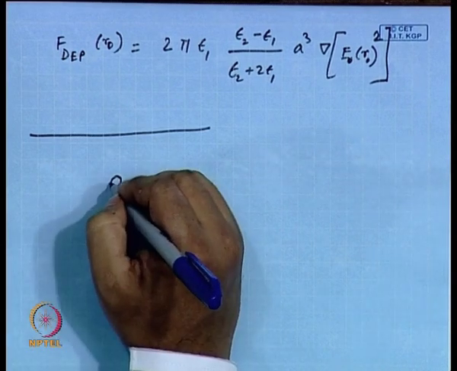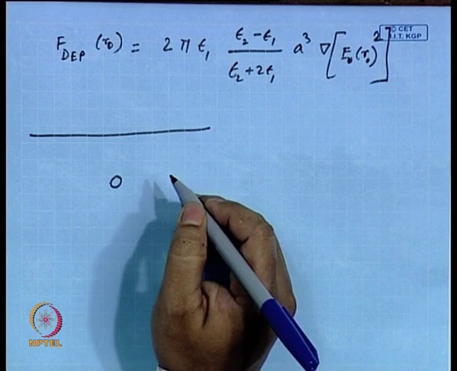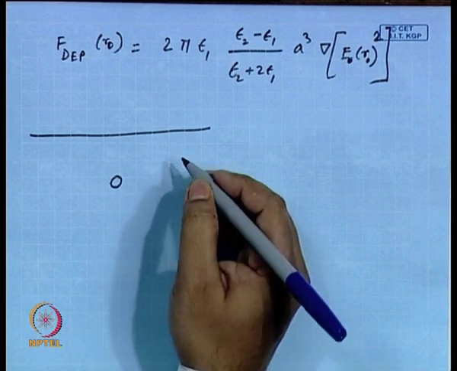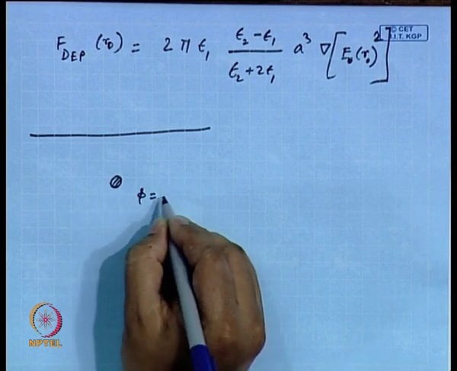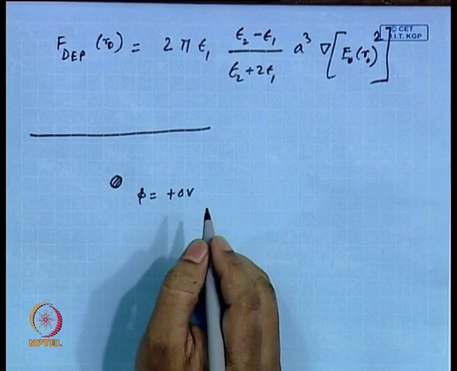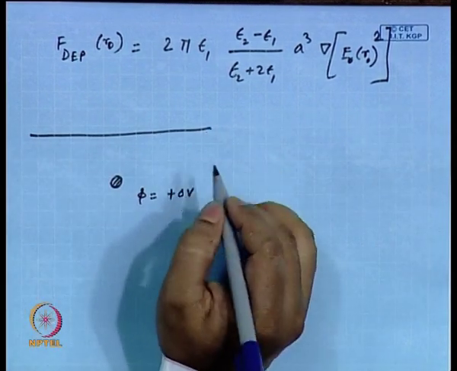This is simulated by considering, so here phi is equal to plus delta V, okay, and here phi is equal to 0.